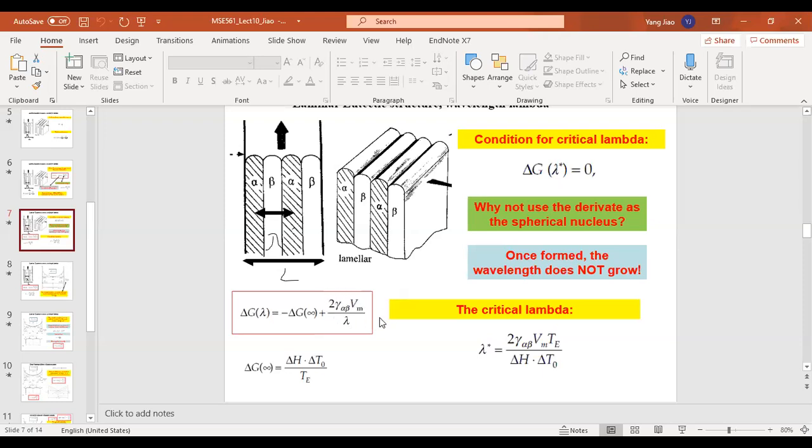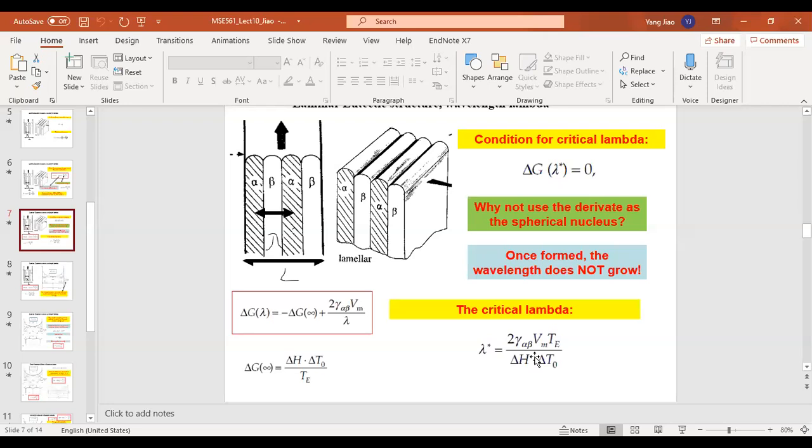We set this whole thing to 0, and also we consider this very familiar condition, that the bulk free energy reduction is linearly proportional to the degree of supercooling delta T naught introduced in the system, right? And using these conditions, we can compute the critical lambda, the critical length scale characterizing, in a certain sense, the morphology or geometry of the nucleus.